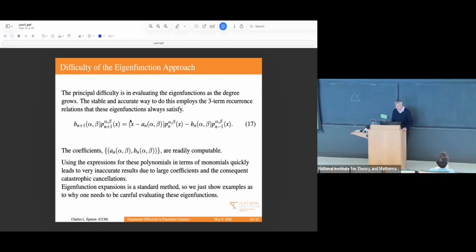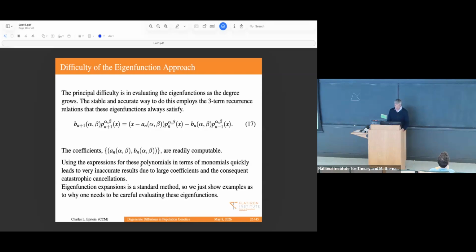Now, these polynomials, coming from basically applying the Gram-Schmidt process to monomials 1, x, x squared with that weighted measure, they satisfy a three-term recurrence relation, which I write out here, where these coefficients b_{n+1}, a_n, and b_n are all explicitly computable quantities, not hard to compute. In fact, they can be found in any number of standard books. And this gives a stable way to compute the polynomials.